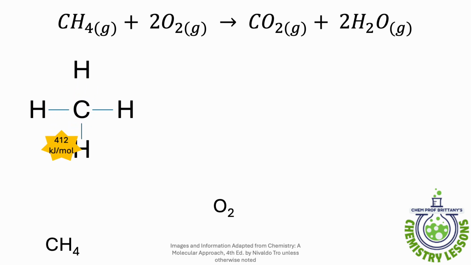We break them, and the amount of energy associated with that bond is absorbed to break the bond, right? So it just so happens that we have 4 of those bonds, so it's going to happen 4 times.